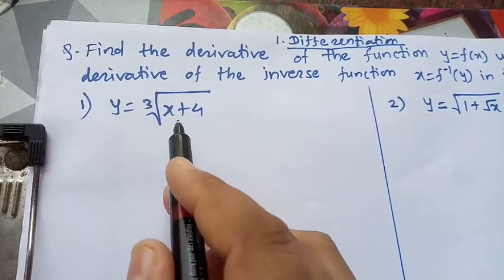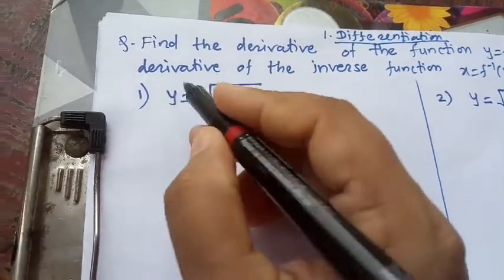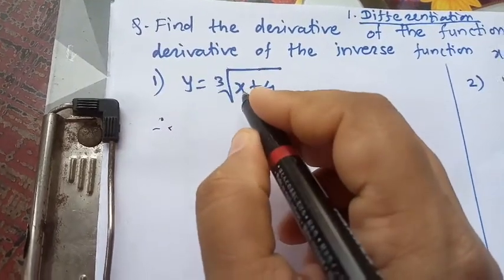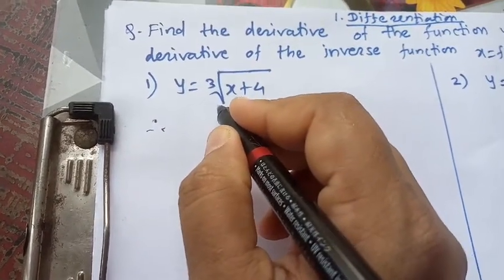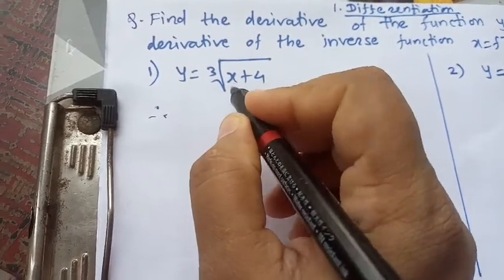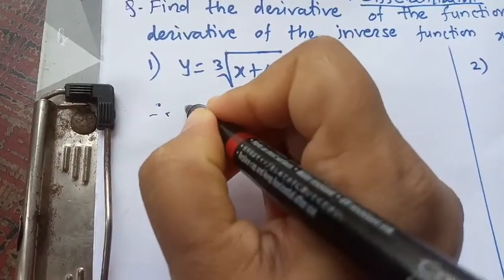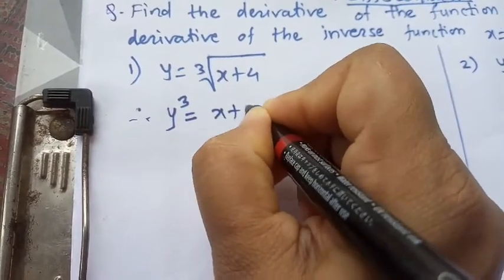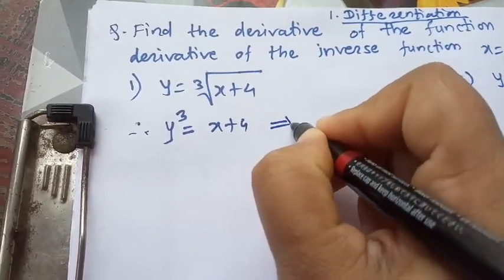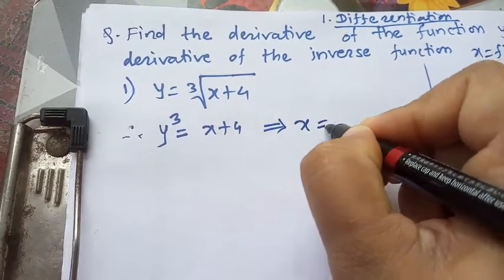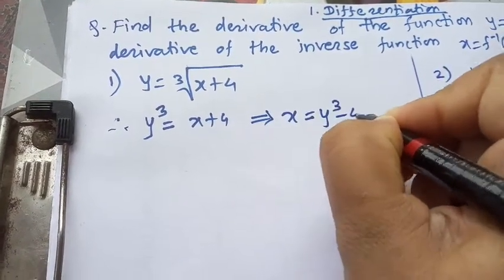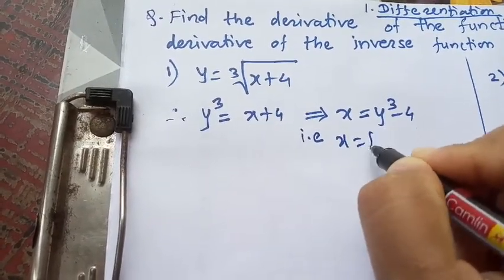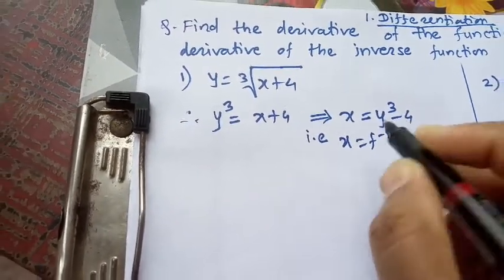y is equal to the cube root of x plus 4. Therefore y is a function which is given in the x variable, so we have to write this function in terms of x. Therefore y cube is equal to x plus 4, that is, x is equal to y cube minus 4, that is in the form x is equal to f inverse of y.